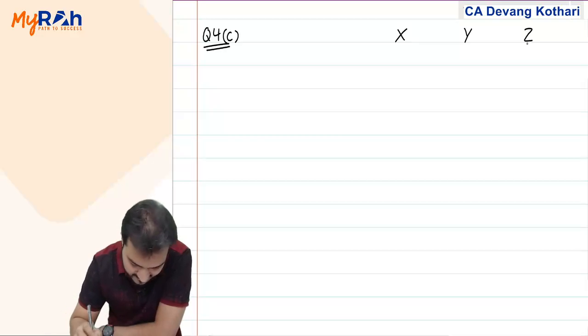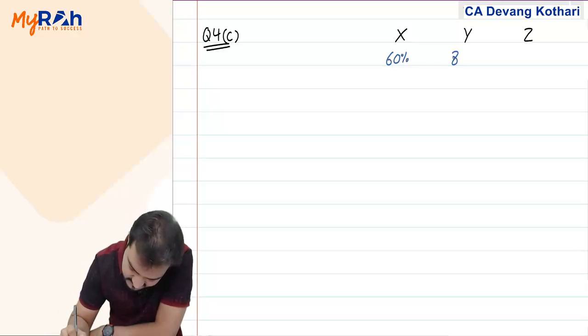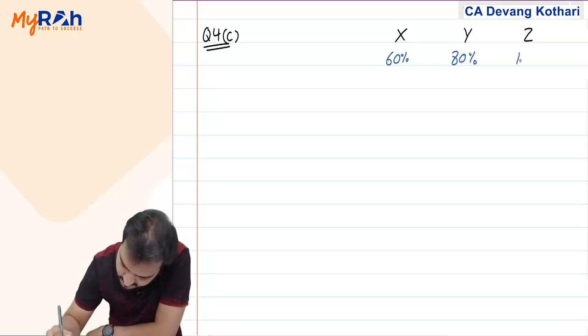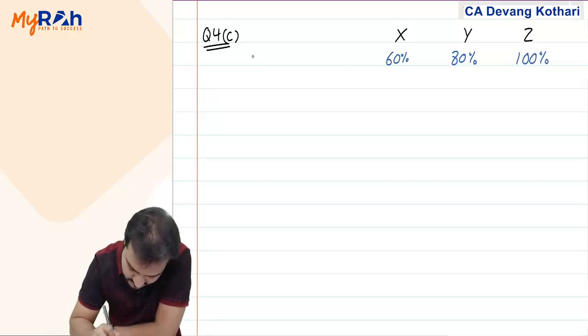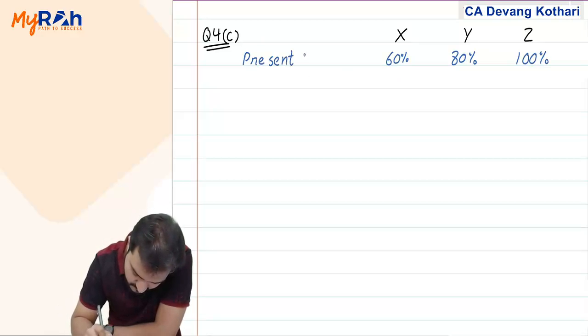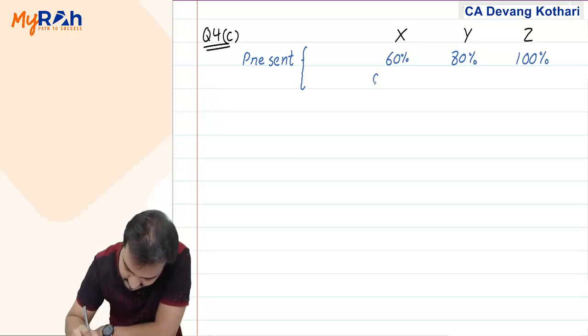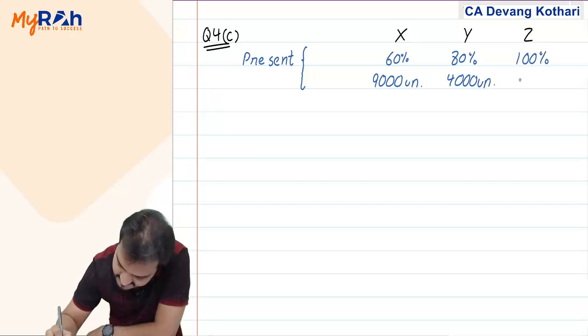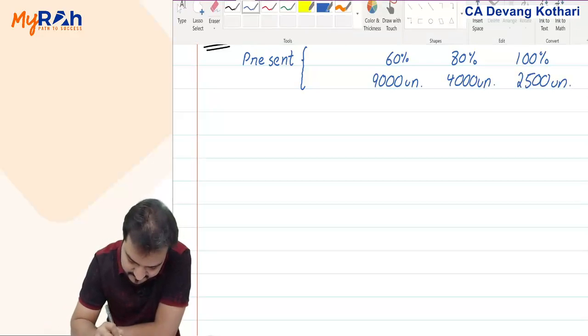Three divisions you have: X, Y and Z. Presently they are operating at 60%, 80%, 100%. At present, X is producing 9,000 units, Y is currently producing 4,000 units, and Z is currently producing 2,500 units.